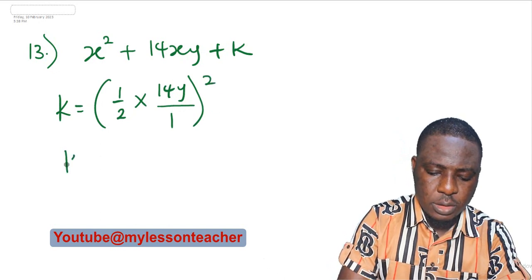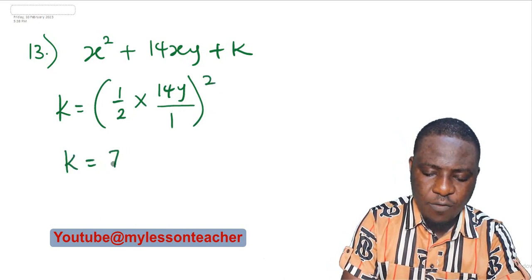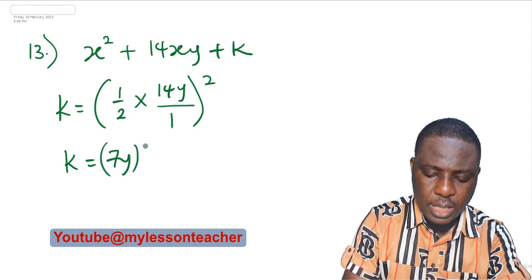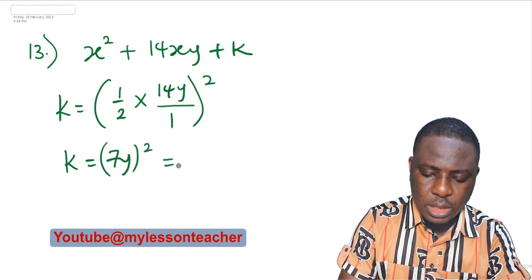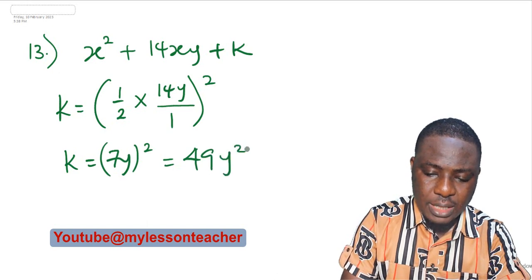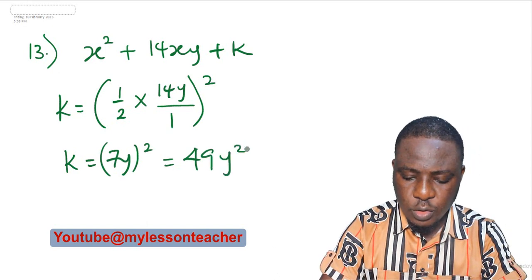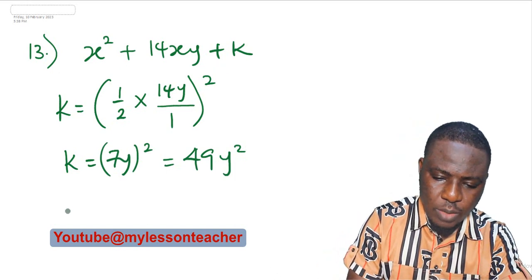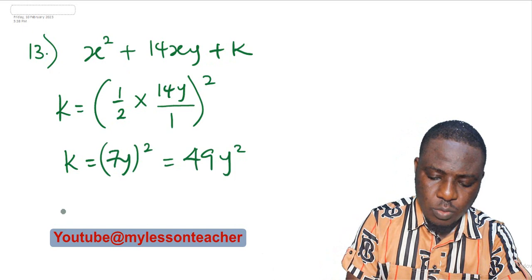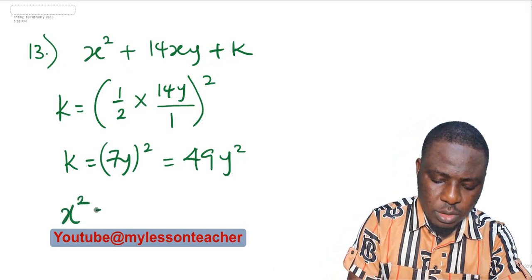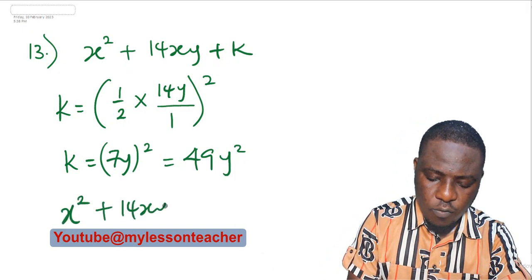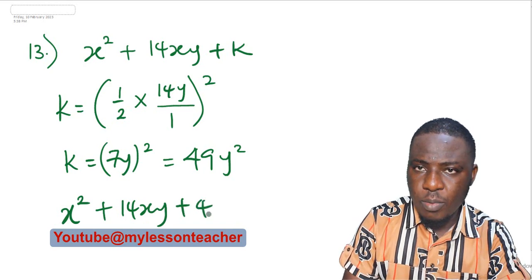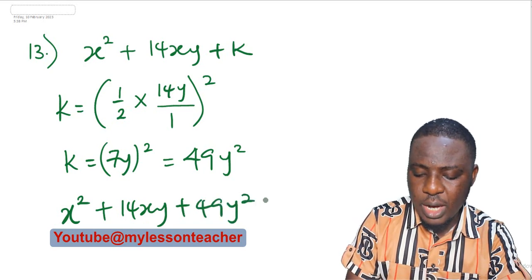all squared. So k is equal to half of 14 is 7y, and 7y squared gives us 49y squared. So 49y squared is that term that must be added to x squared plus 14xy to make it a perfect square. That becomes x squared plus 14xy plus 49y squared.